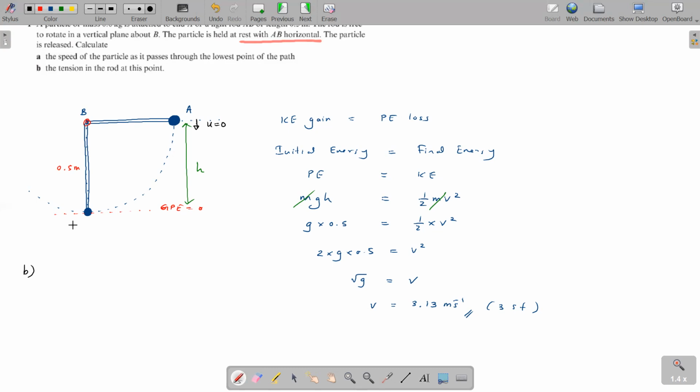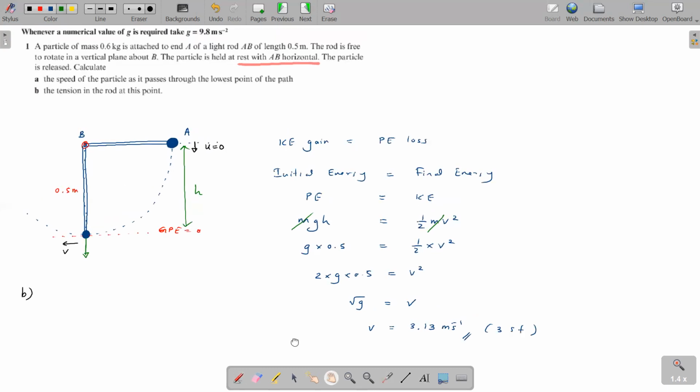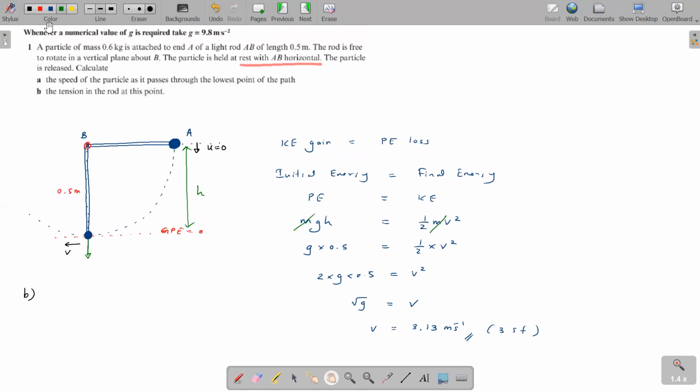Shall we mark the forces? At the lowest point, what are the forces we have? At the instant when the rod reaches the lowest point, mark all the forces. First, definitely we have the weight. Have they given the mass? Mass 0.6. I didn't use the mass value earlier because it cancelled out, but here we need the weight.